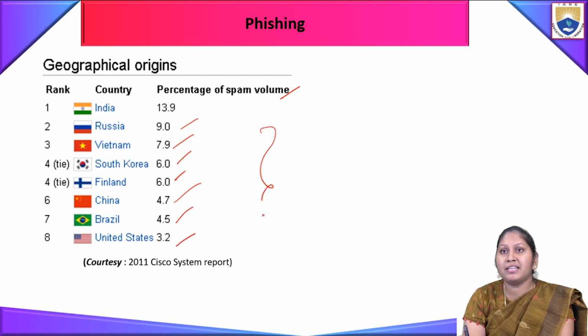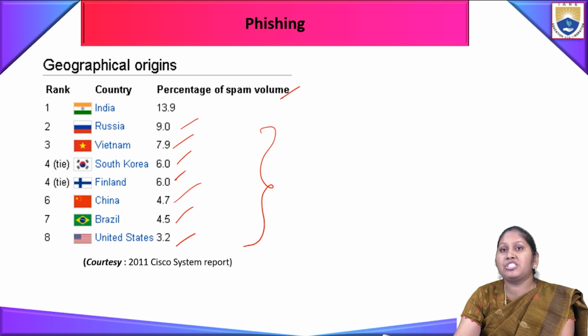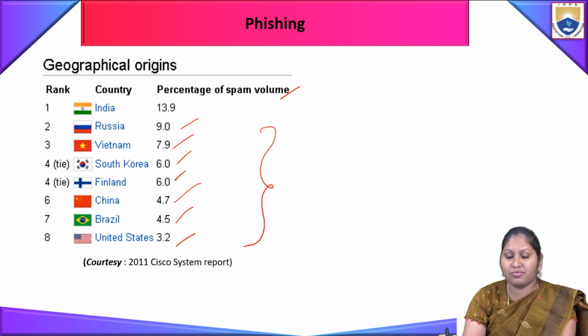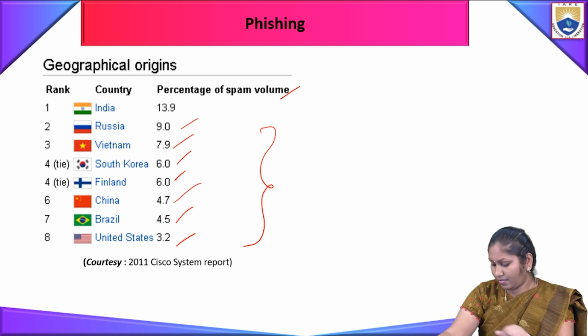So this is the percentage of spam volume through emails sent by the phishers, the attackers who are doing phishing attacks. So these are the top 8 ranks based on the percentage of spam volume.